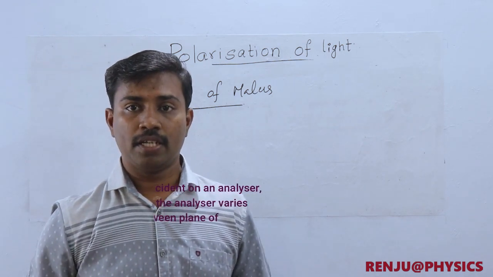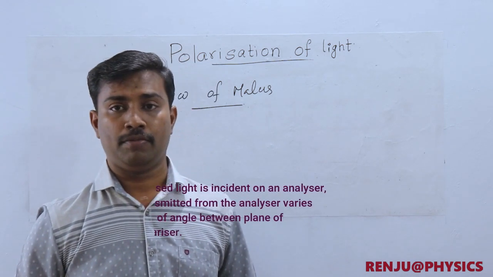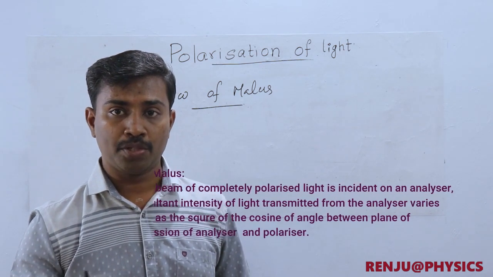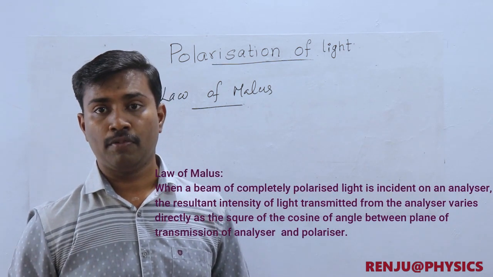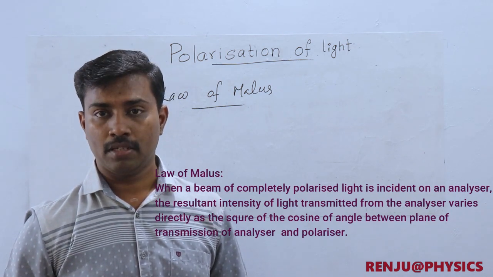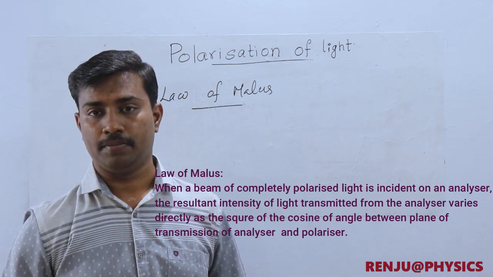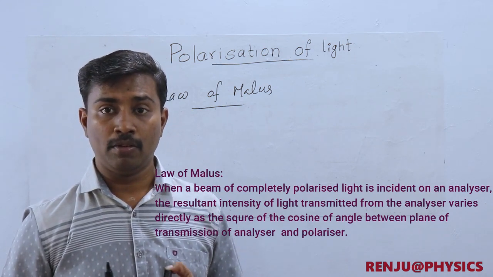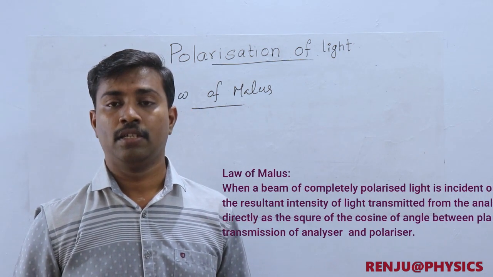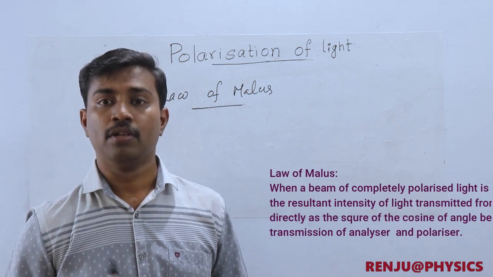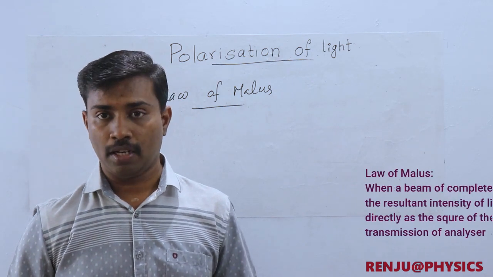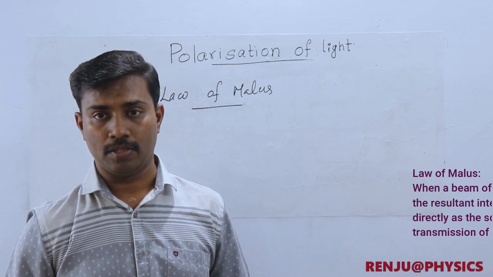The law states that the intensity of polarized light is directly proportional to the square of the cosine of the angle between the plane of the polarizer and the plane of the analyzer.